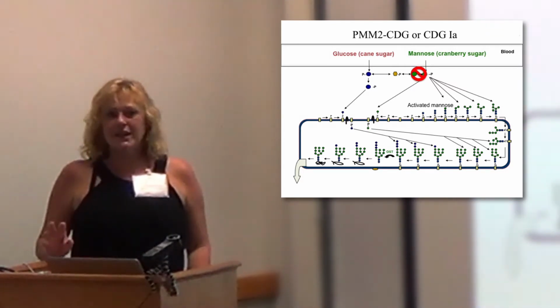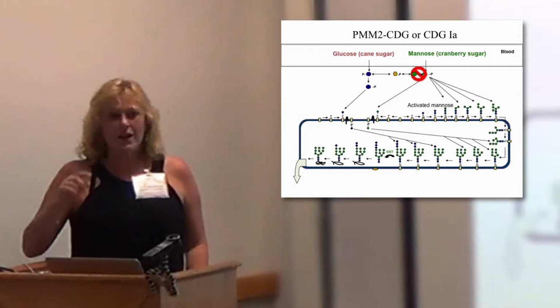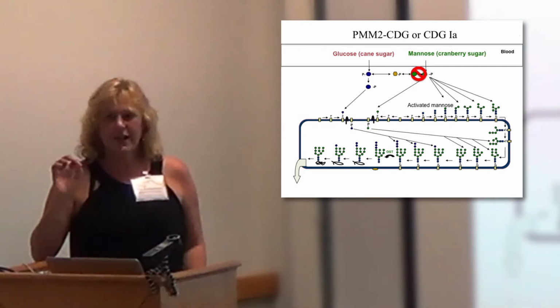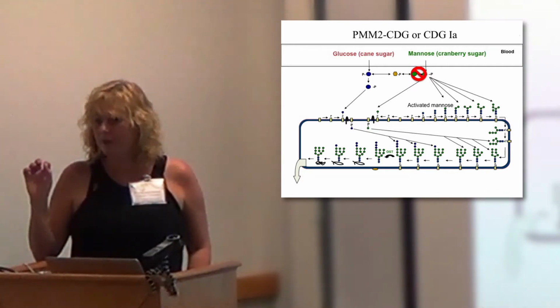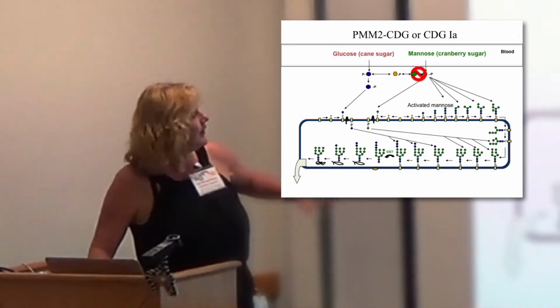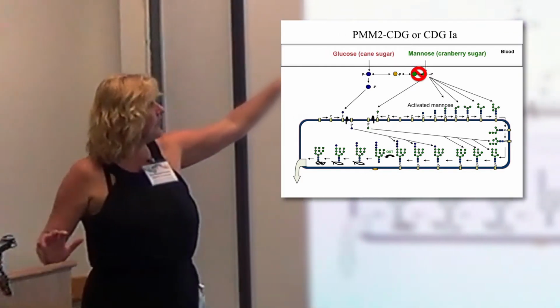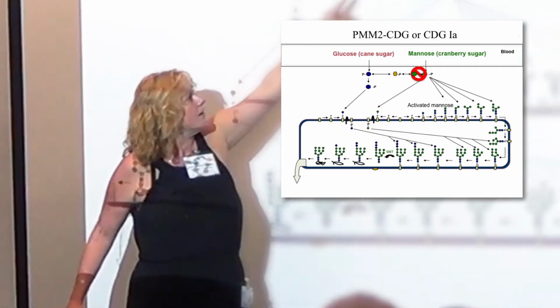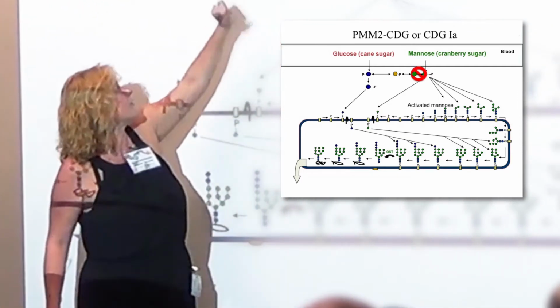But I was thinking about the patients who are coming here, and I just wanted to show all of you where the actual biochemical problem in your child's disease is. So let me just get through this. You have these sugars, like monos or glucose.